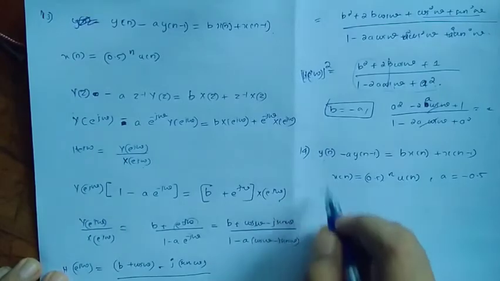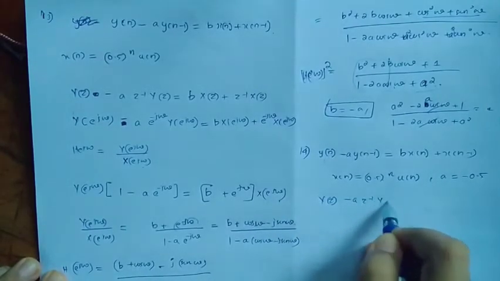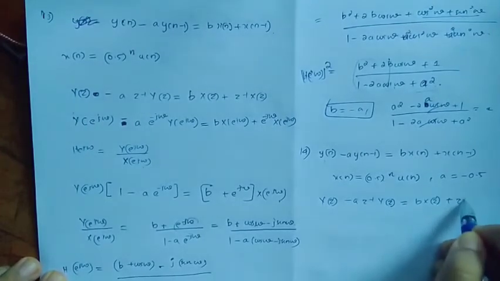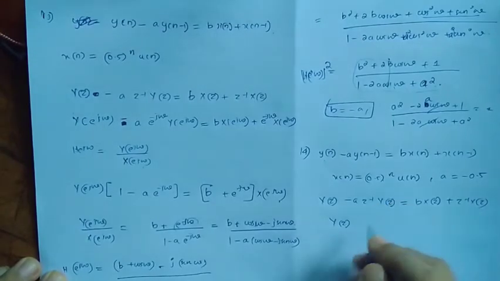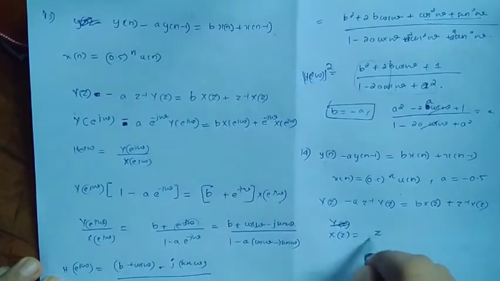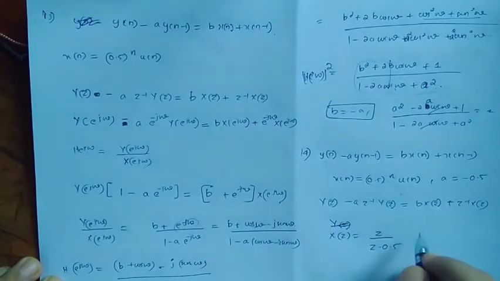So from here, Y of z minus a into z raised to minus 1 Y of z equal to b into X of z plus z raised to minus 1 X of z. From here, X of z is actually equal to z divided by z minus 0.5.